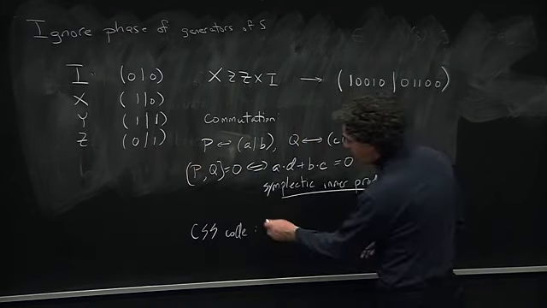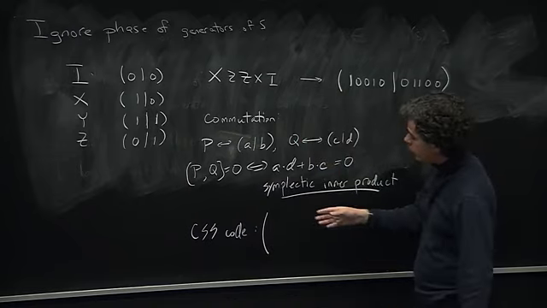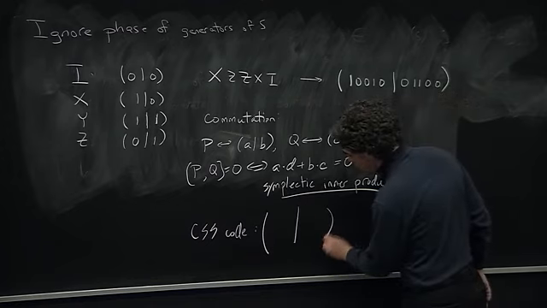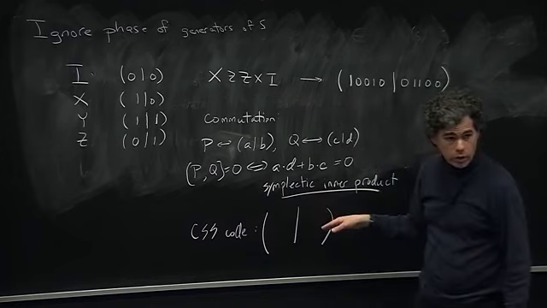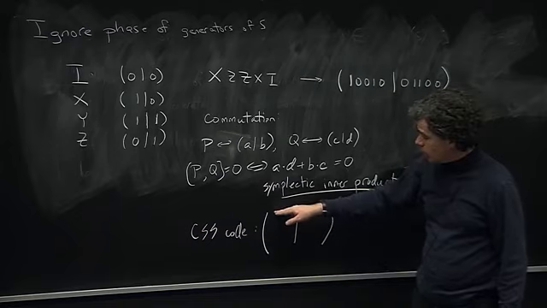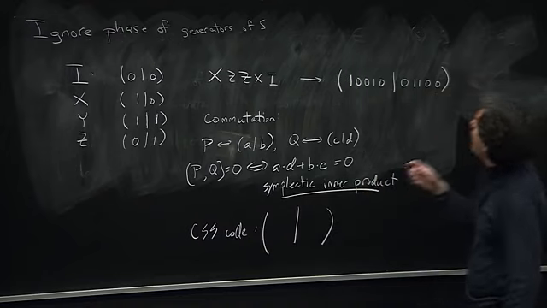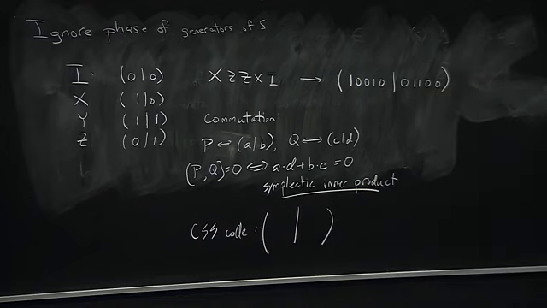So the first part of the CSS code, if you write down the stabilizer, you write it as a matrix. And so the first part will just be, each row will just be 0 for the x's, and then a row which is going back in the other direction, where we took, remember, we got the quantum code by taking the parity check matrix and turning the 1s into z's. And now we're going back. We're turning the z's back into 1s.